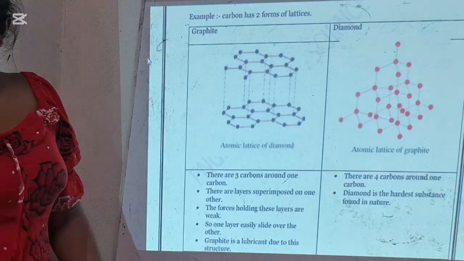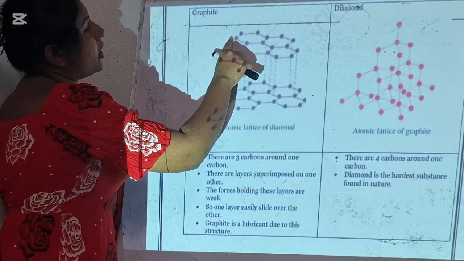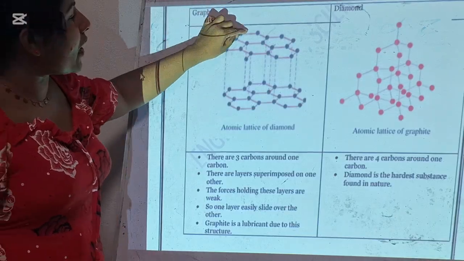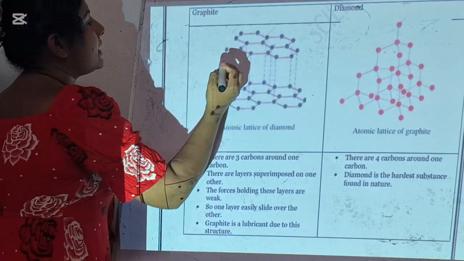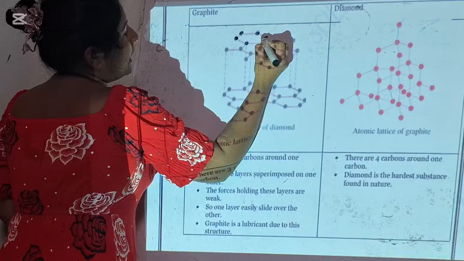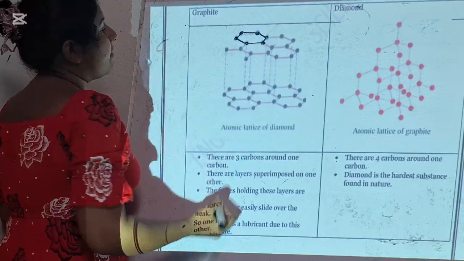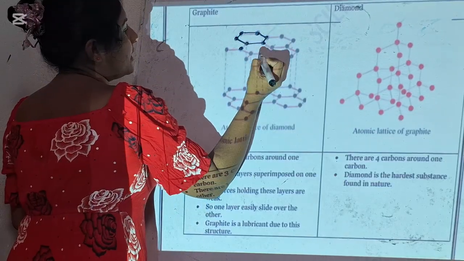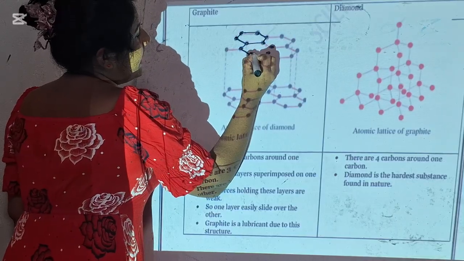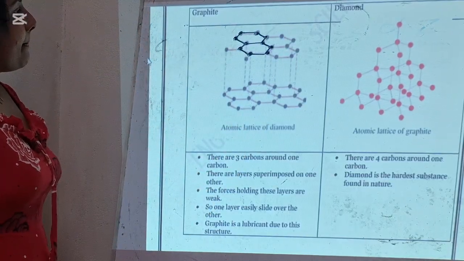Look at the structures of graphite and diamond. This is the structure of graphite. Graphite has hexagonal structures like this. These dots we call carbon atoms. Carbon atoms are covalently bonded with others. The black dots are carbon atoms, interconnected with covalent bonds like these.